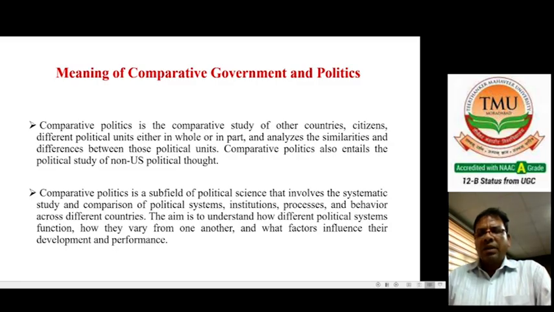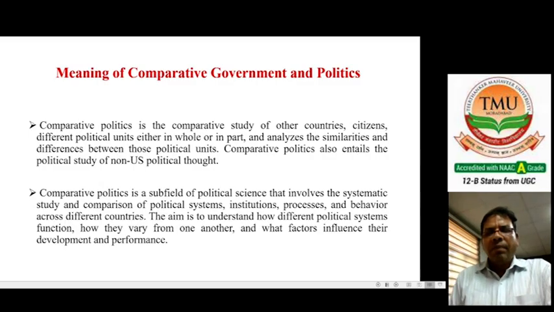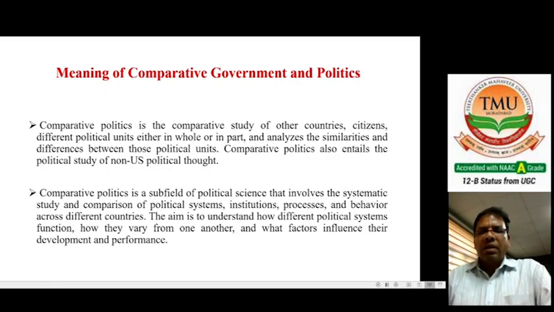Comparative politics also entails the political study of non-US political thought. Basically, comparative government and politics started with US scholars and political scientists.